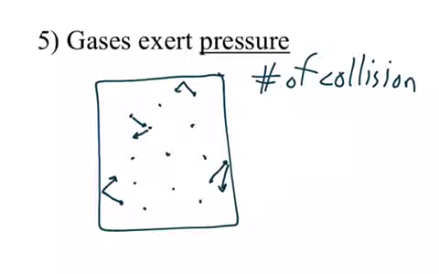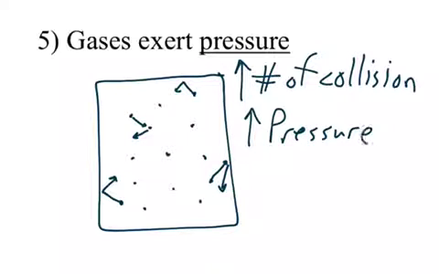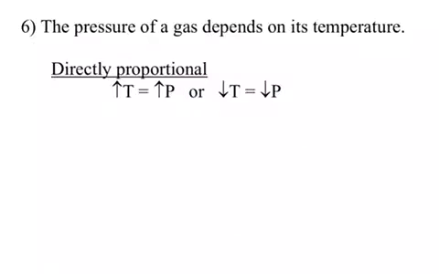So if the number of collisions increases, that means that the pressure increases. So I'm going to write that down. If the number of collisions goes up, the pressure will also go up, because pressure is really a measure of collisions between these particles and the wall of the container. So gases do have the ability to exert pressure.